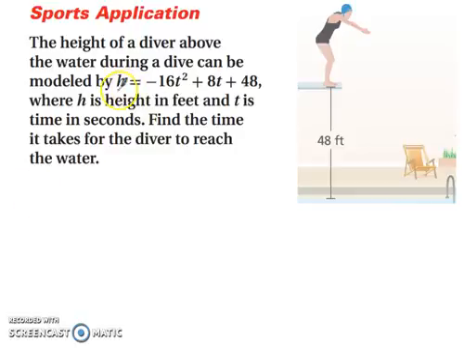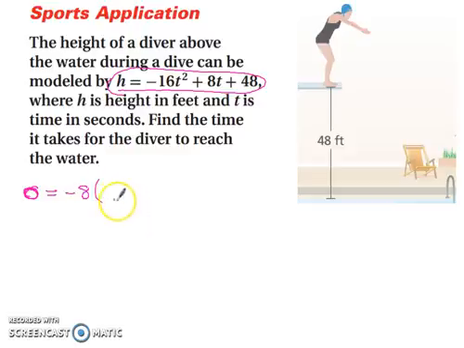To do so, we can simply factor this quadratic function. So we're going to have 0 equals, because the height when she hits the water is going to be 0 feet above the water. And then we can factor our negative 16t squared plus 8t plus 48. Notice how each of these has the greatest common factor altogether of negative 8. So we're going to take out a negative 8.